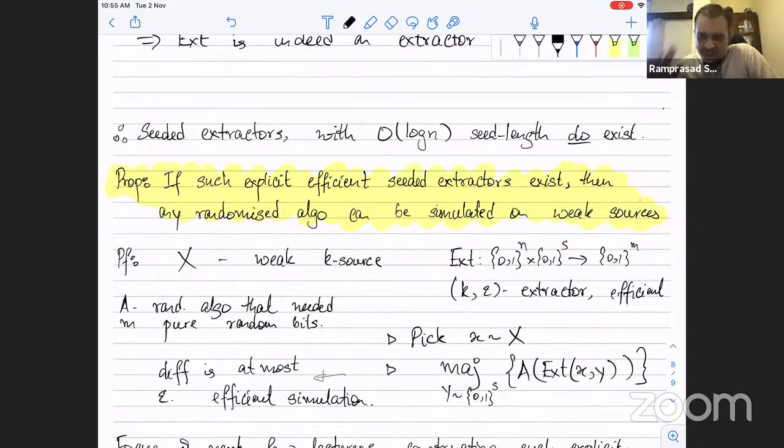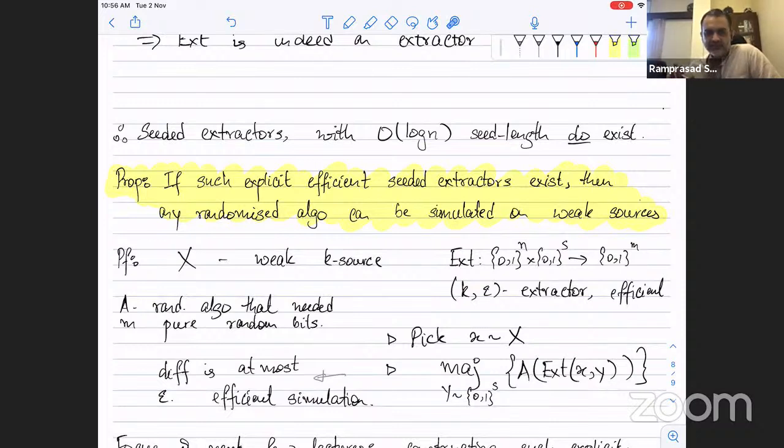So I hope this rough proposition was clear, indicating that these seeded extractors are already good enough for use in the context of randomized algorithms. If the seed is small enough, that is, if 2 to the power s is not something that is going to hurt your running time too much, then this is something you can afford when simulating a randomized algorithm using only a weak source. All you have access to is a weak source, and you can get roughly the same guarantees that you wanted from it.